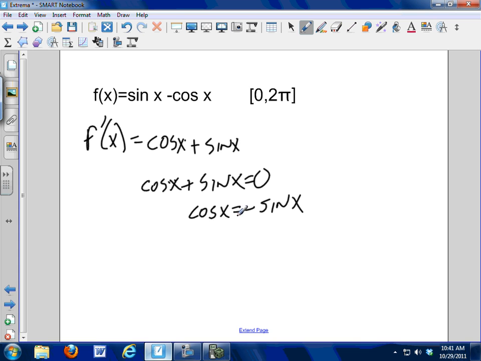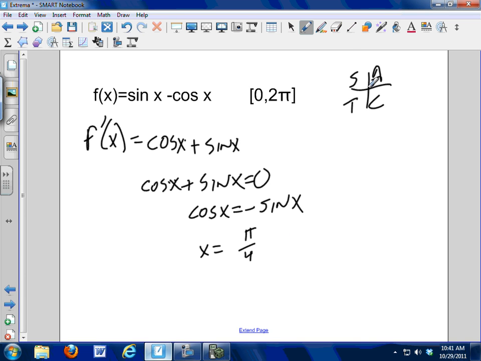They're opposite signs, so it's going to be in these two quadrants here. So it's going to be some multiple of pi over 4.